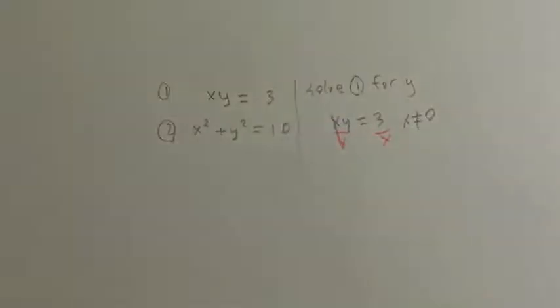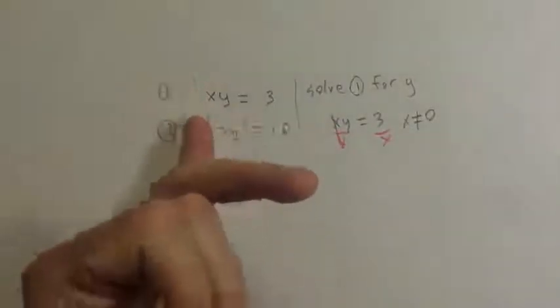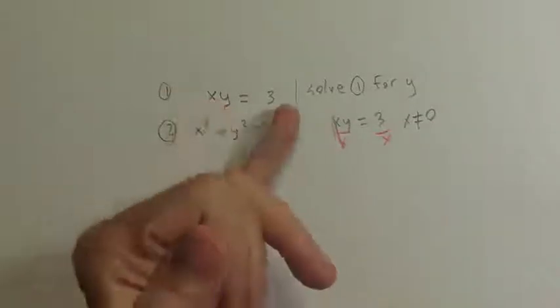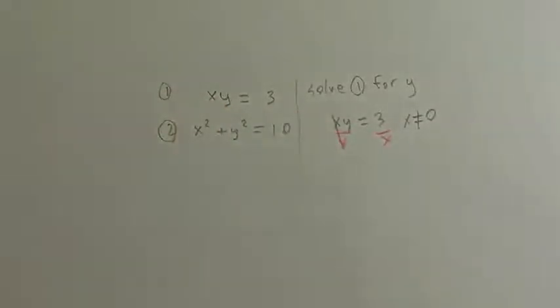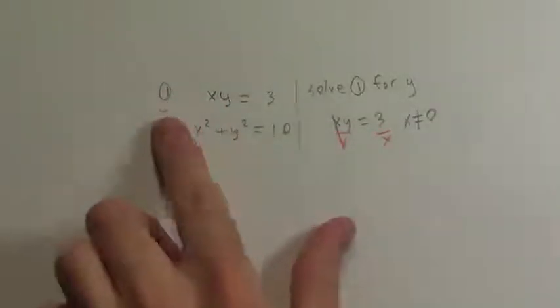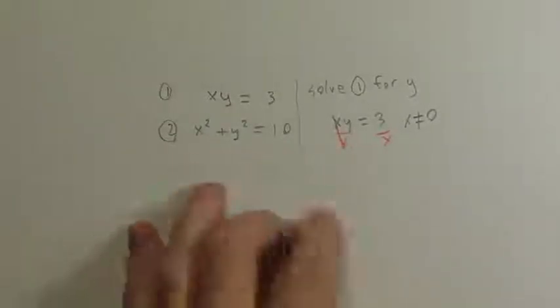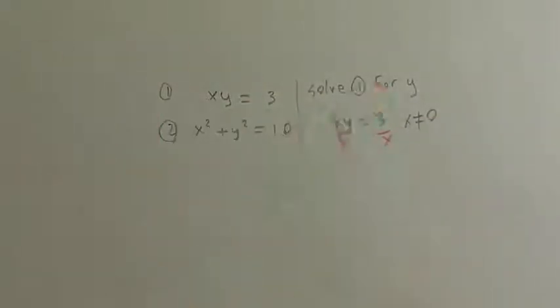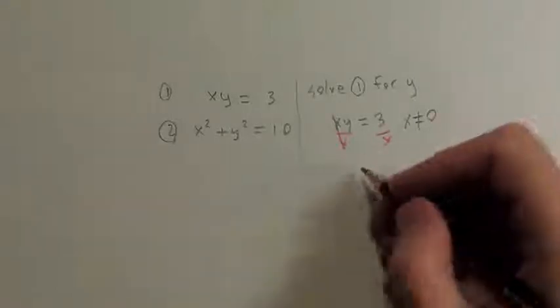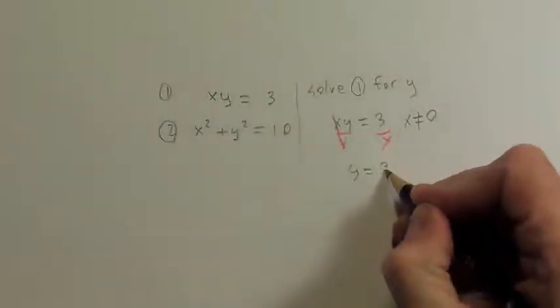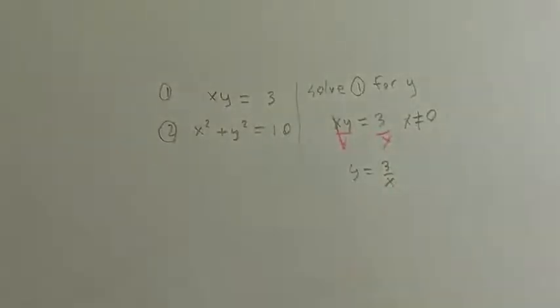First of all, there are a couple reasons why x can't be 0. If x were 0, we'd get 0 equals 3. So that's not going to happen. Also, this equation here is a circle, and it will never touch the origin. It's centered around the origin. So we don't have to worry about this, but in general, whenever you divide by x or y, you want to make sure that whatever you're dividing by isn't equal to 0. You can have a lot of problems there.